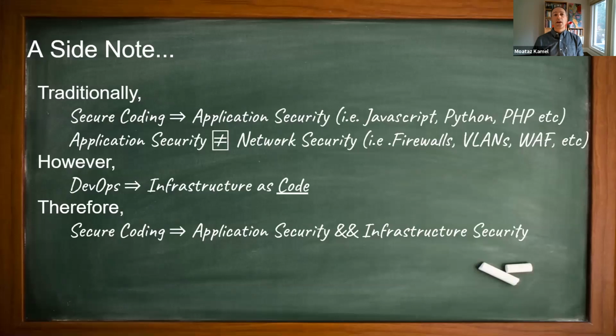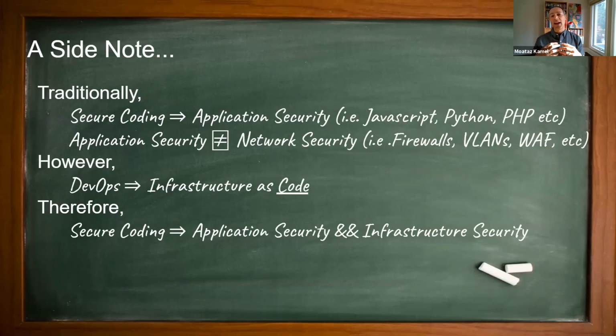And a little side note I thought of, secure coding is quite a broad term, and it typically refers to application security. So application meaning your web server, what runs on your web server and your database, right, which is your forward-facing, or it might be an embedded piece of software, or it could be a mobile app.